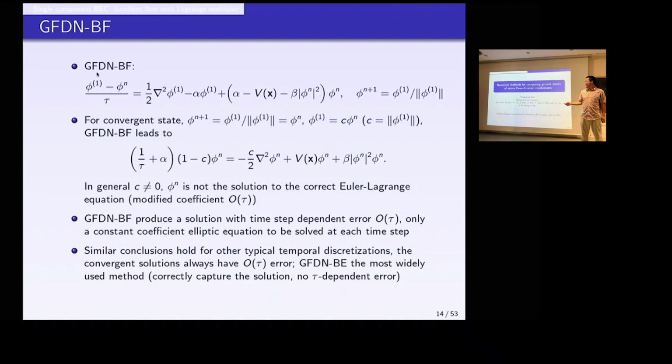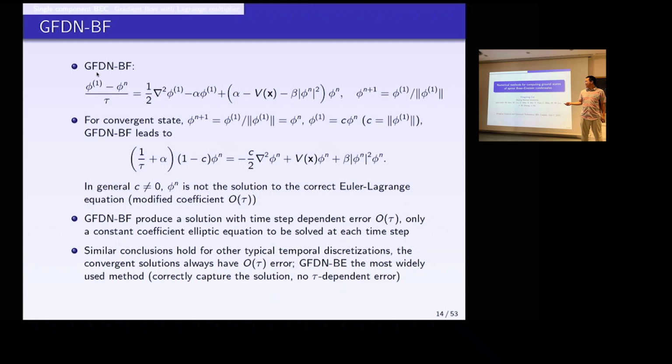Okay, so for this kind of discretization, you will see the time step size will have some impact on the final error. Okay. But this is consistent with the numerical PDE theory, because once you discretize in space and time, you have error from space and you have error from time.